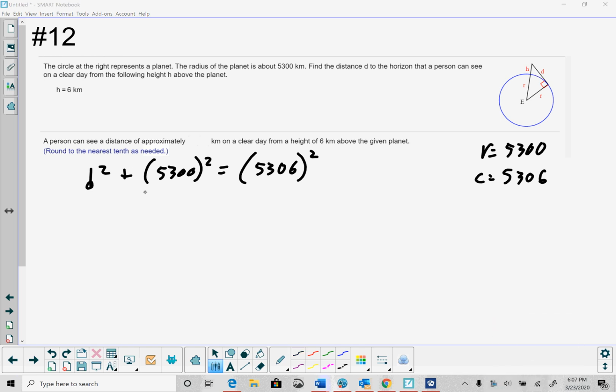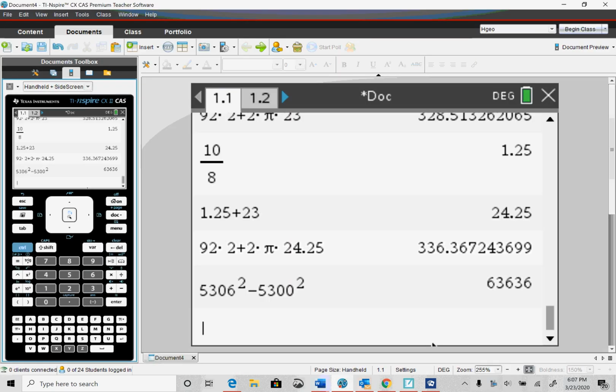So if we do the algebra here and subtract the 5,300 squared from both sides, type it in your calculator, which will take care of order of operation and square those values and then take the difference between them. Hold on, that's still the square of the distance.